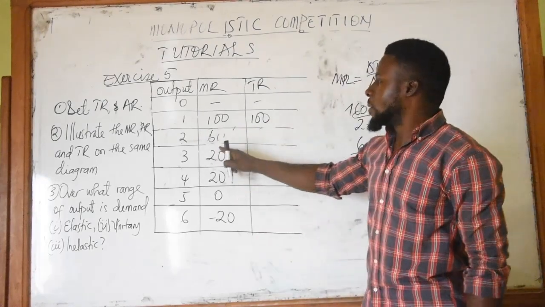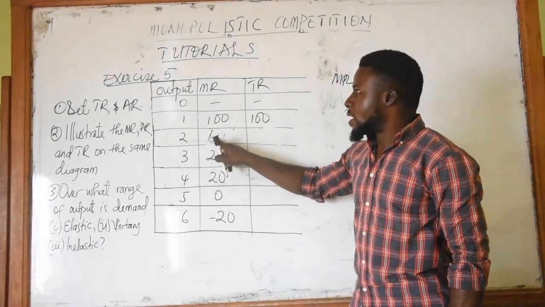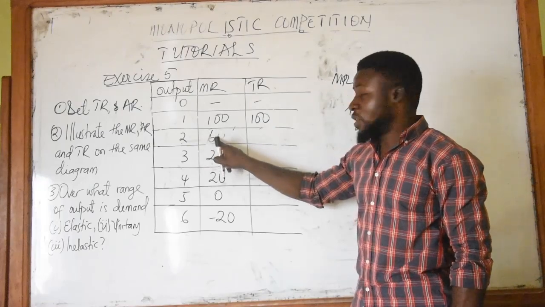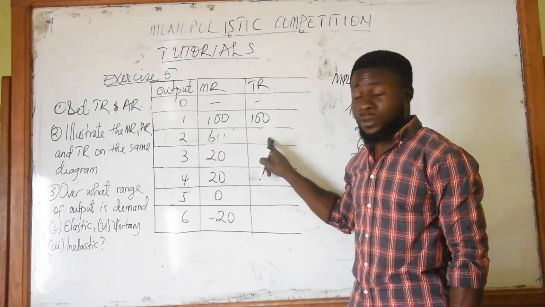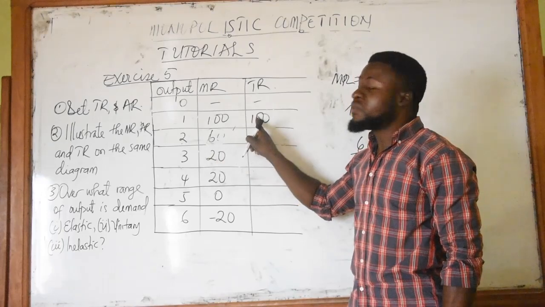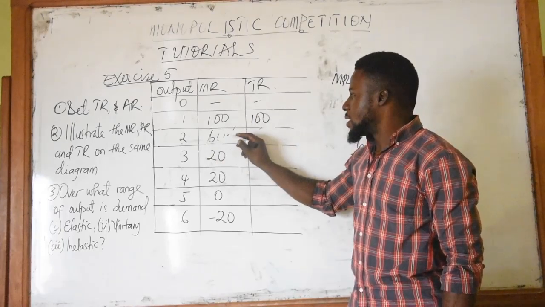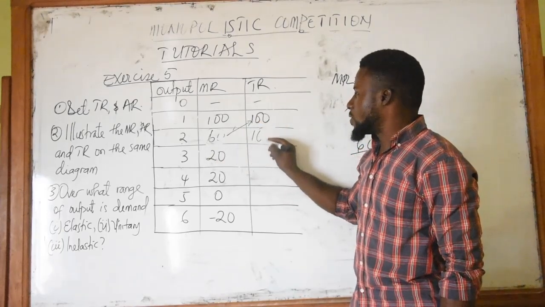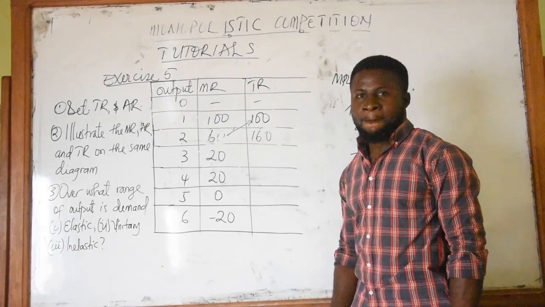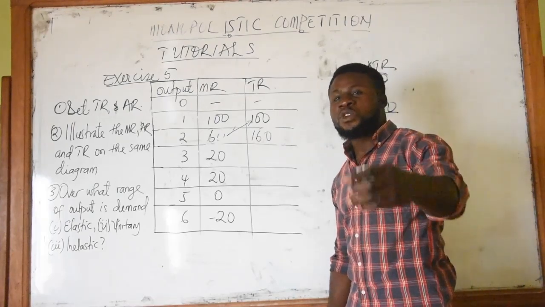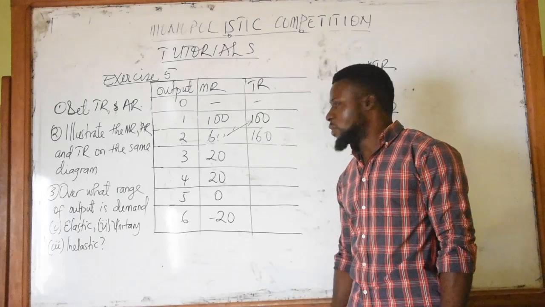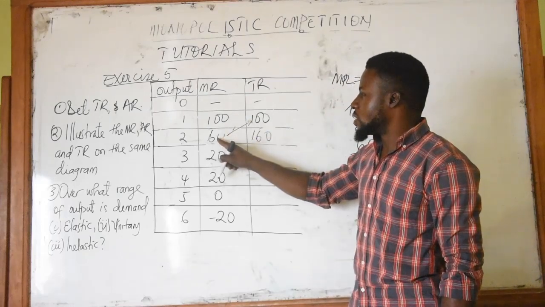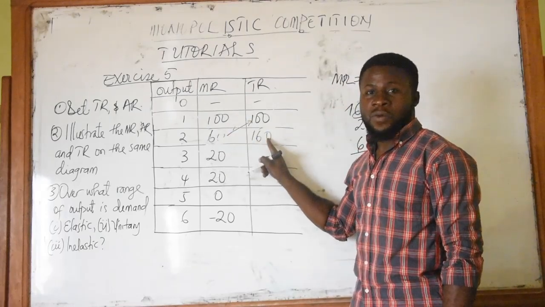We just take the corresponding marginal revenue at the point where we are looking for total revenue and add it to the previous marginal revenue. That is 60 plus 100, which gives us 160. Or you can do cumulative summation of marginal revenue values: 100 plus 60 gives you 160.